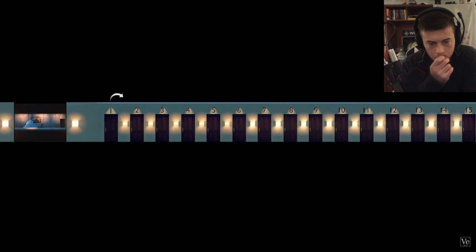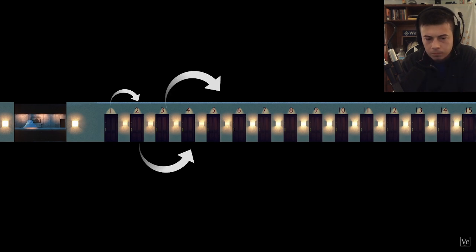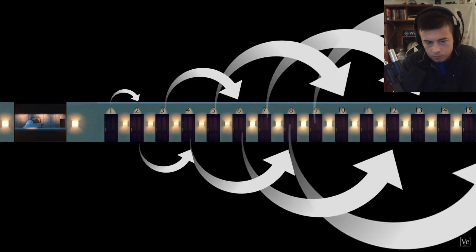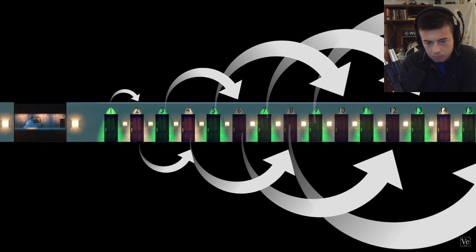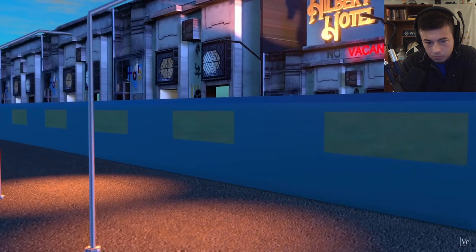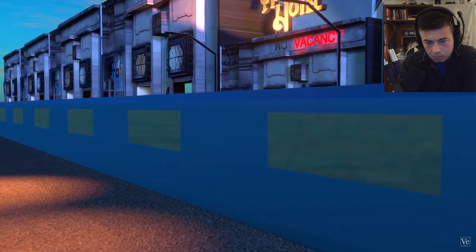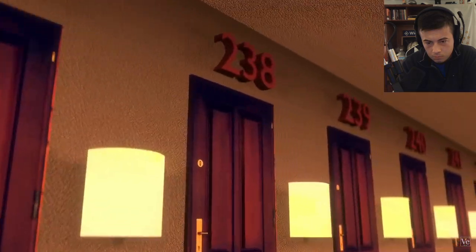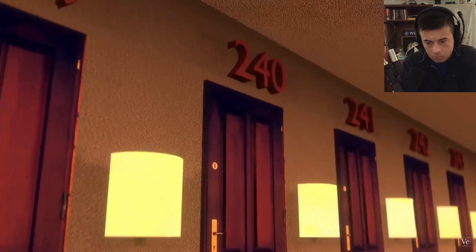So the person in room 1 moves to room 2 moves to room 4, room 3 to room 6, and so on. And now all of the odd-numbered rooms are available. And you know there are an infinite number of odd numbers, so you can give each person on the infinite bus a unique odd-numbered room. This hotel is really starting to feel like it can fit everybody, and that's the beauty of infinity.